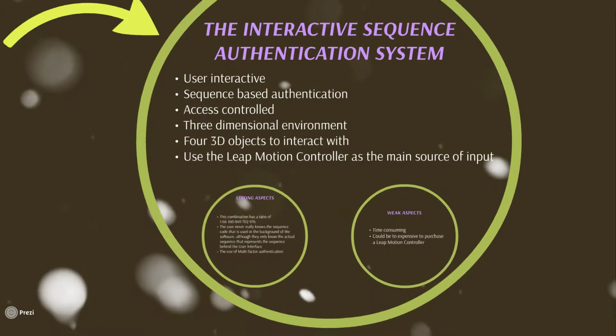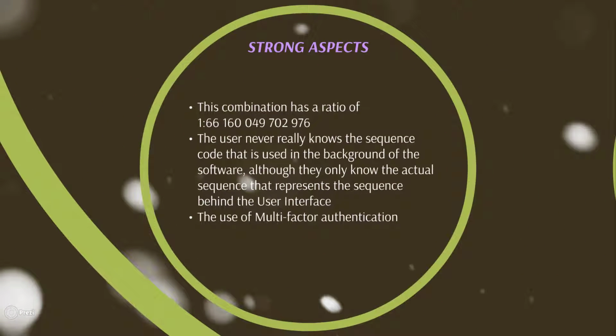The use of the leap motion controller as a main source of input is a very important factor of the system. Looking at various strong aspects of the system, this combination has a ratio of 1 to 66,160,49,702,976 various ways of having a sequence done.